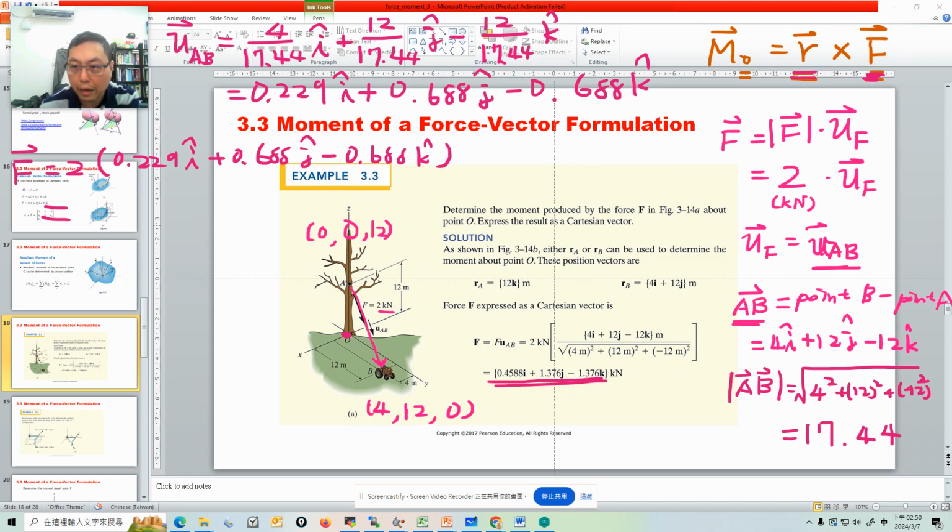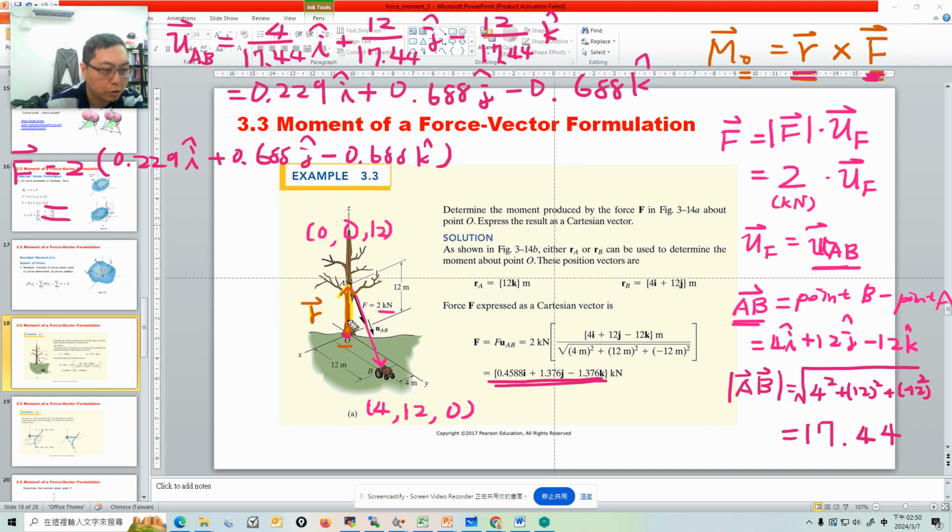The obvious choice for your position vector is this one. This is your force, and this is your position vector, because the force vector is here and we want to calculate the moment with respect to this origin point.